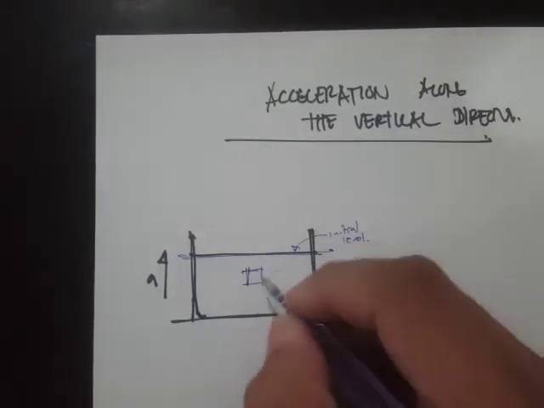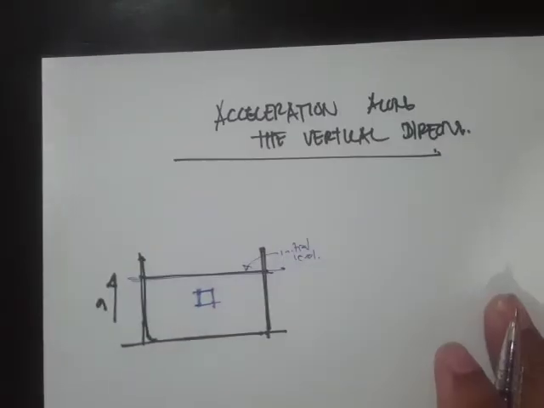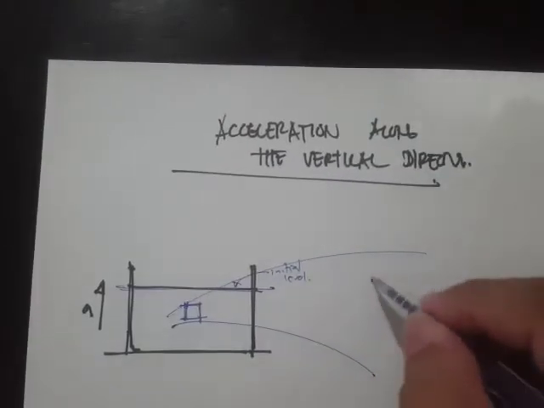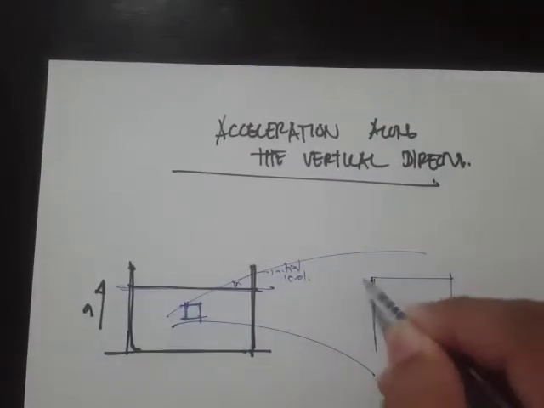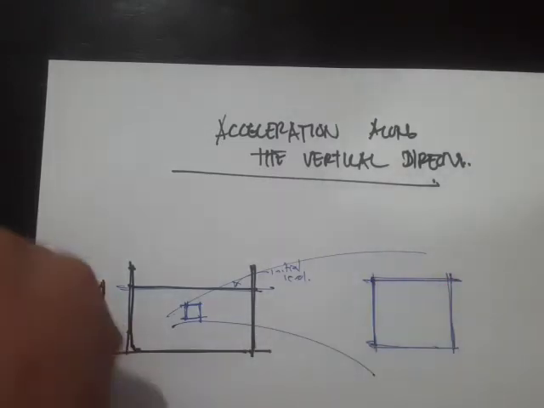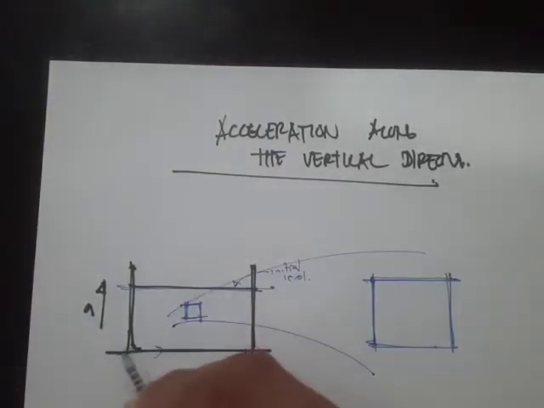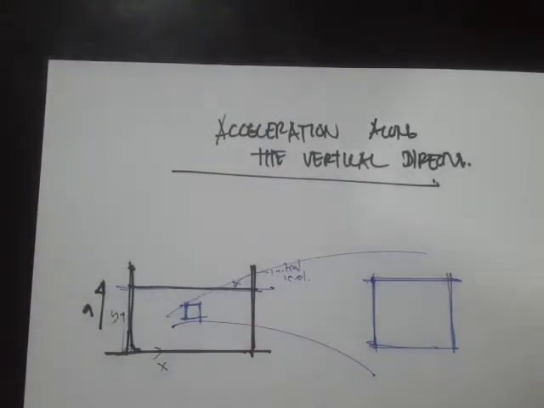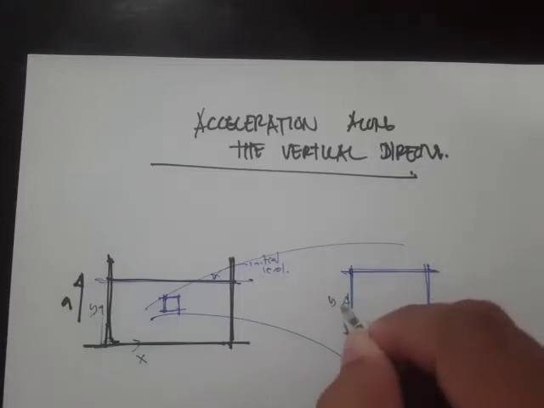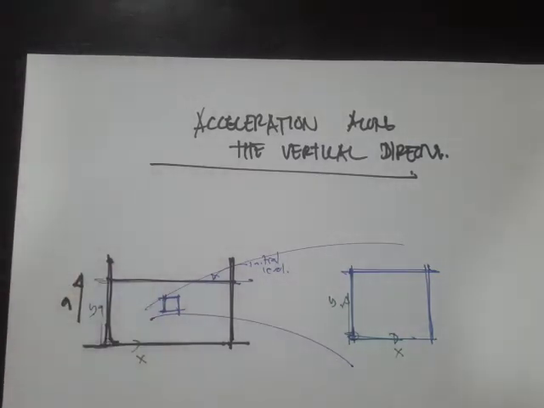Okay, so let's consider this infinitesimal volume. If we zoom this in, what we get is this volume. Now let's say this is our x direction and this is our y direction. If we translate the coordinate system, this will be our x, this will be our y.